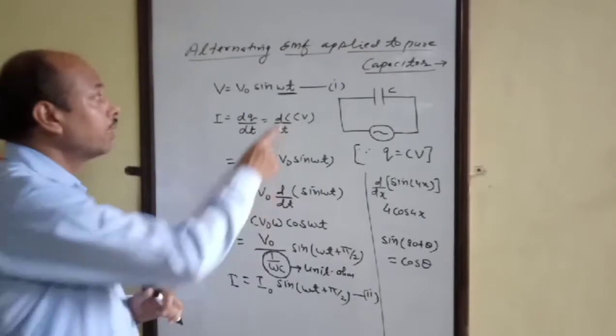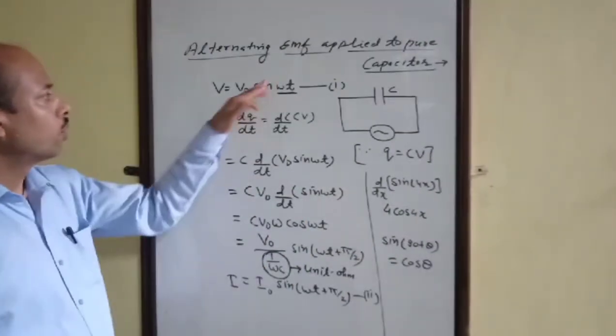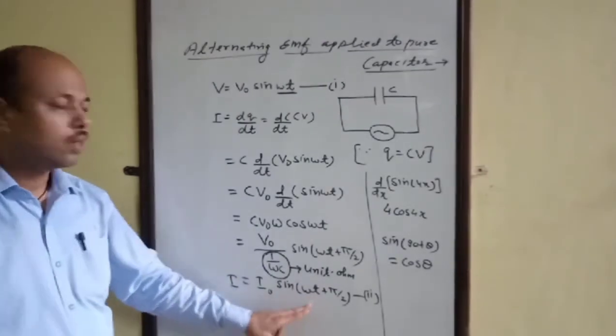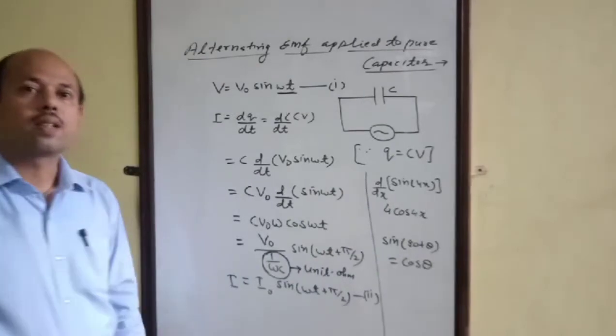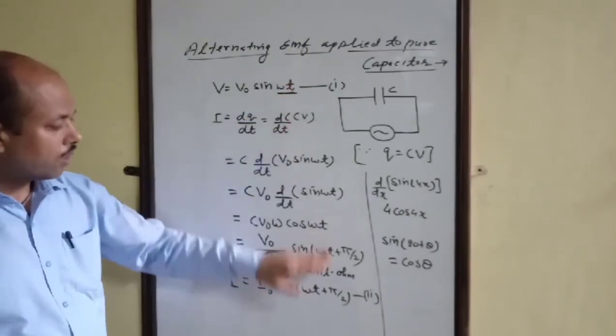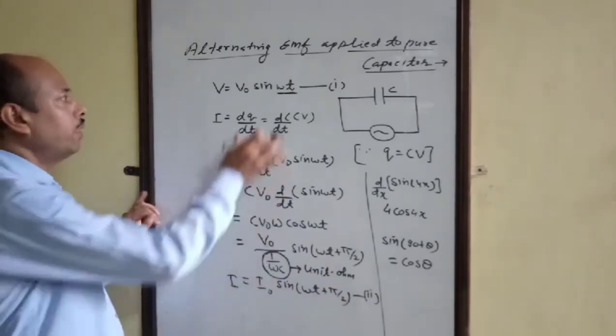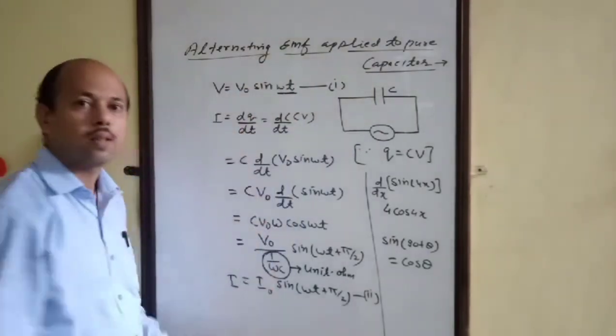They have different phases, and since the phase is different, there will be some phase difference. And it is very clear that there is a phase difference of pi by 2 between voltage and current for the case of a capacitor.